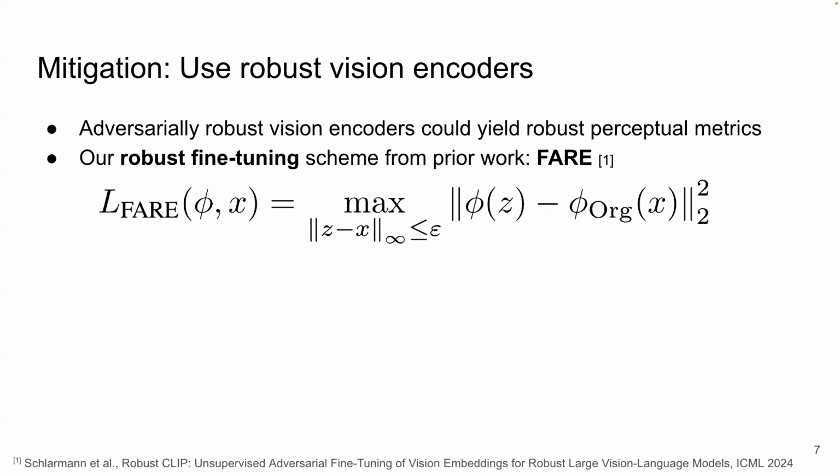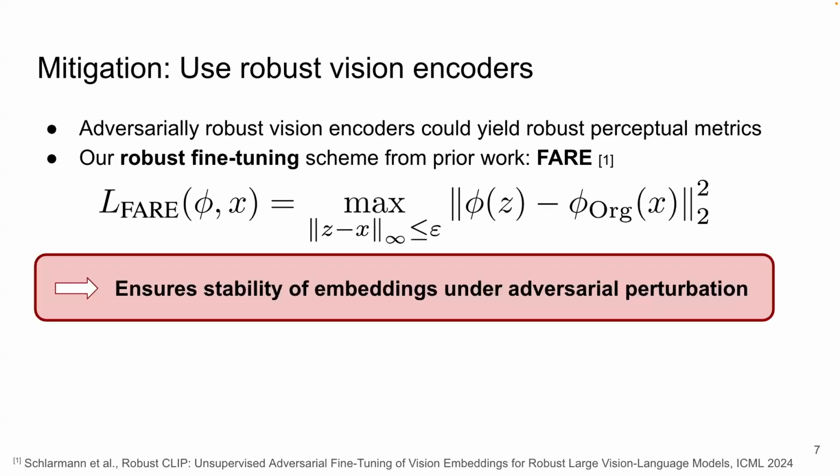This is called FARE, and this FARE loss basically measures the maximal deviation of the fine-tuned embedding of a perturbed input, which is the z in this case, to the original embedding of a clean input. So if we optimize this loss, we ensure that the embeddings remain stable under adversarial input perturbation.